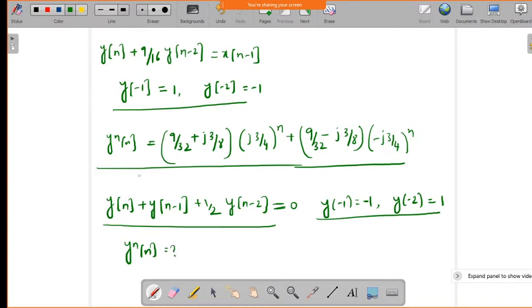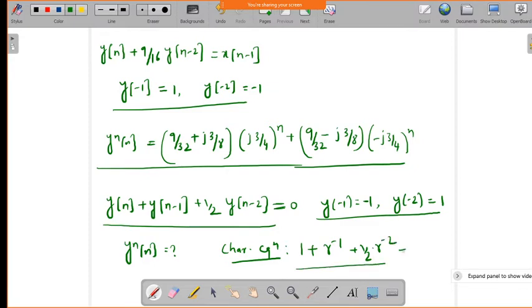So now what is the characteristic equation? It is 1 plus r power minus 1 plus half into r power minus 2, that is, 1 plus 1 by r plus 1 by 2r square.